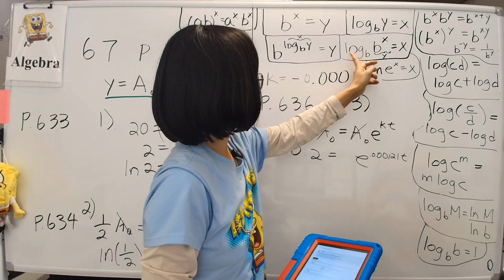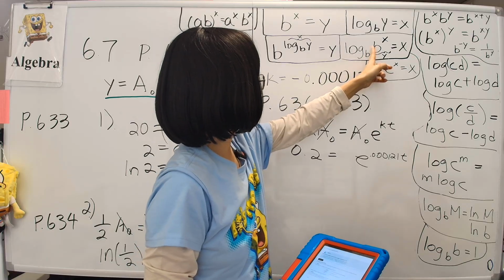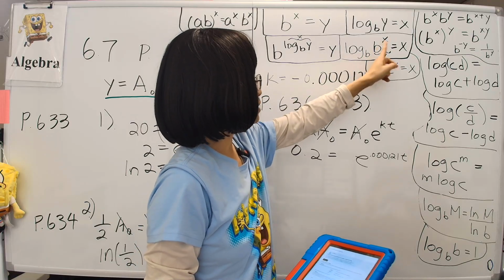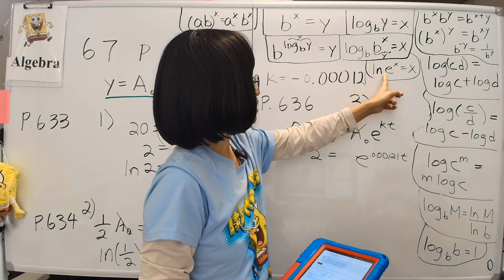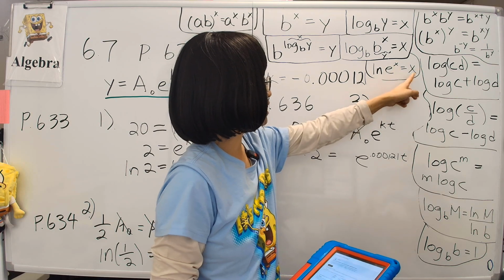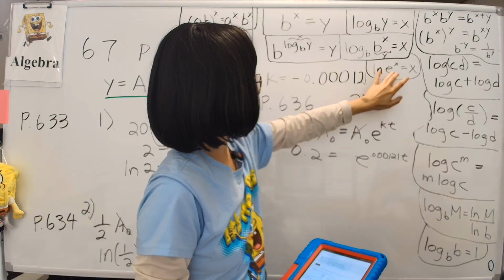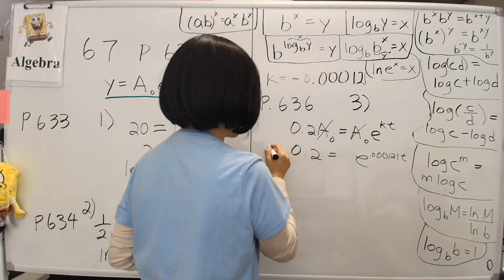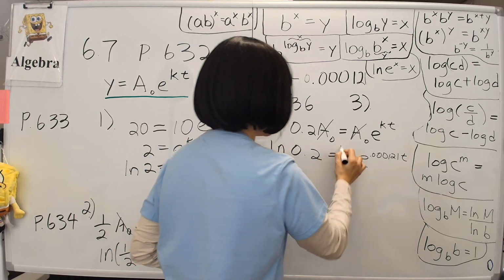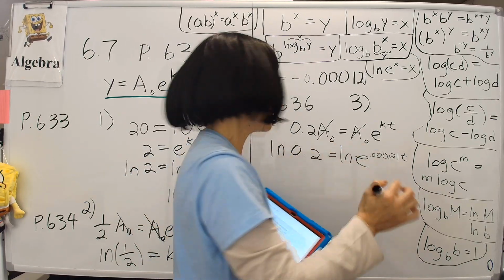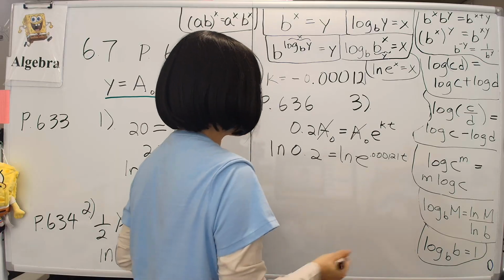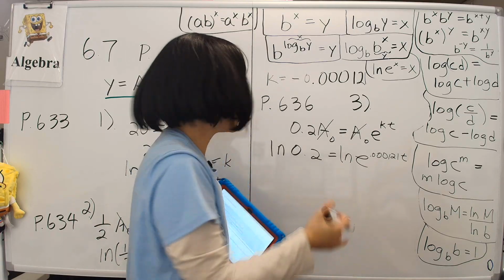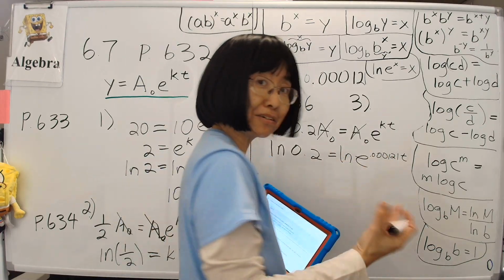If you slap the log in front of e to the power something, then log and e cancel themselves out, and you have just that something left. So let's slap on natural log. This is the same thing we've been doing, okay? And we just keep doing this because there's nothing else to do here. This is about the only thing you do with growth or decay.